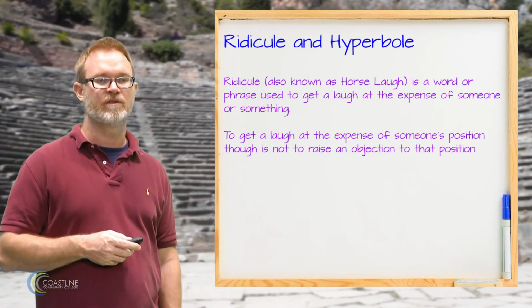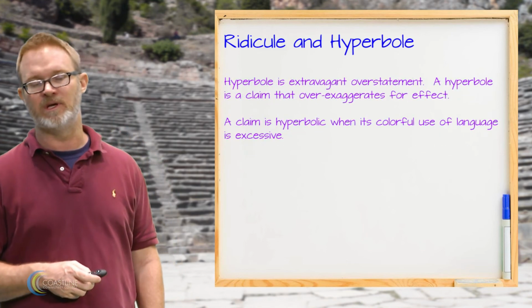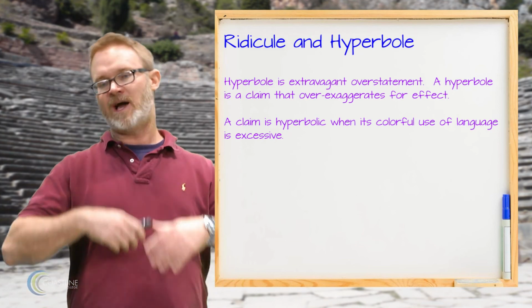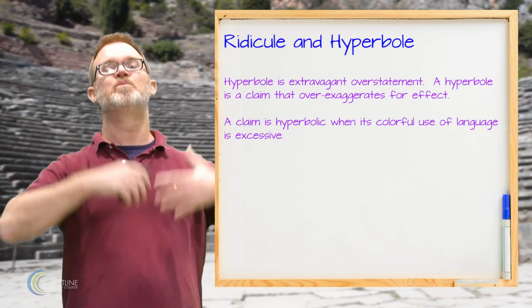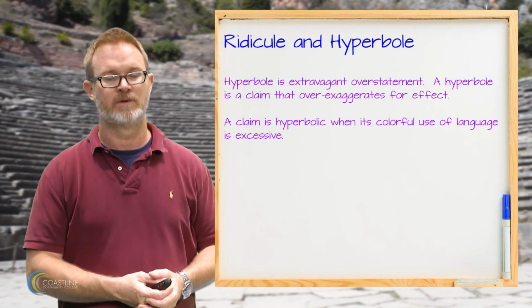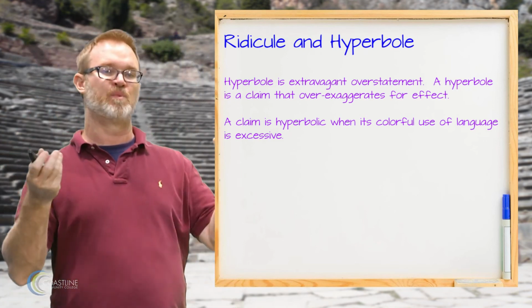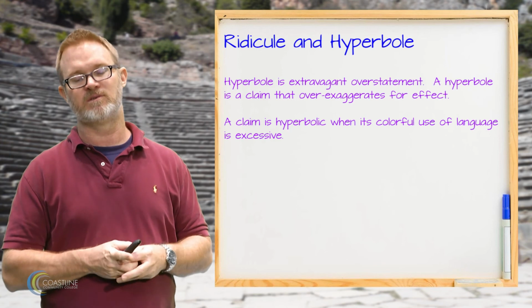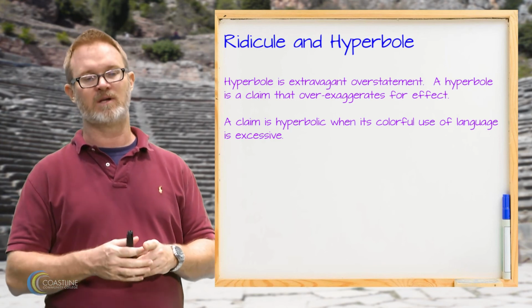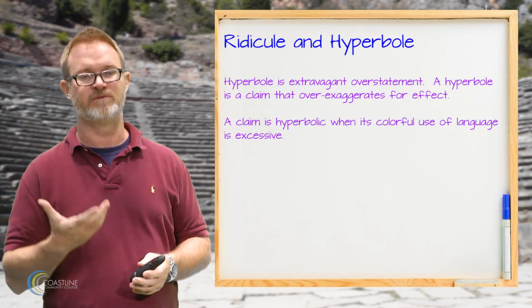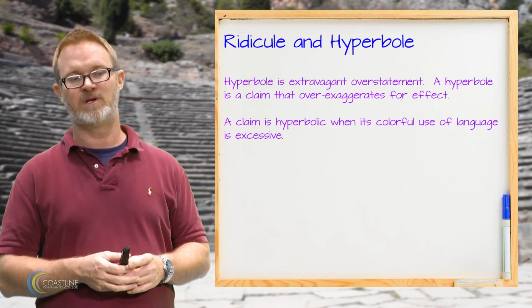The next one here, the last one for the slide, is hyperbole. Hyperbole is sort of exaggeration, but it's like super exaggeration. Basically, the idea again is that it's meant to persuade, right? It's meant to actually try to influence your beliefs in virtue of the kind of exaggeration that you're telling.